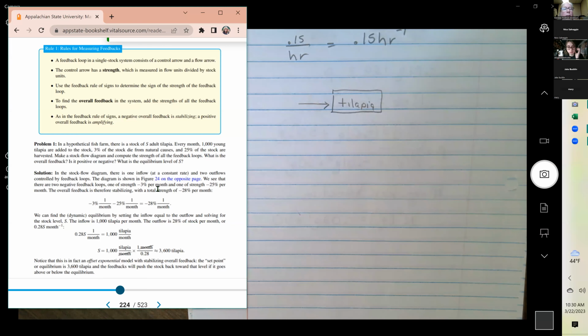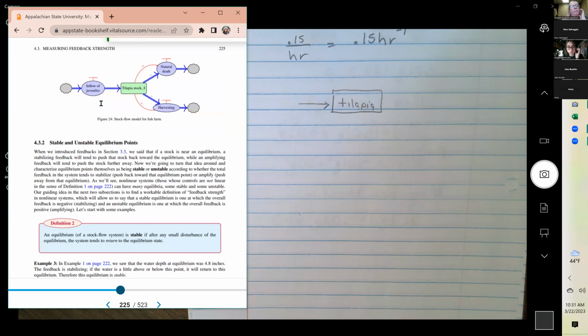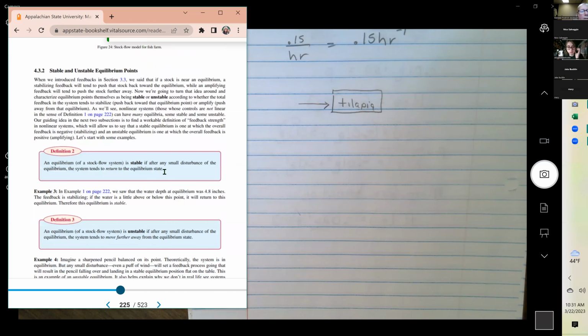I don't have to draw it. So we have the inflow of the babies. But then we have natural death and harvesting. There's two different ways that they leave. So this is an inflow, and then this is out. Put the weights on.